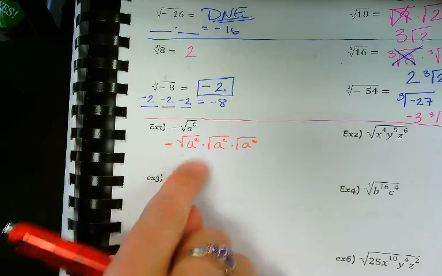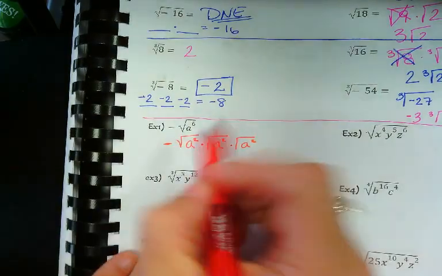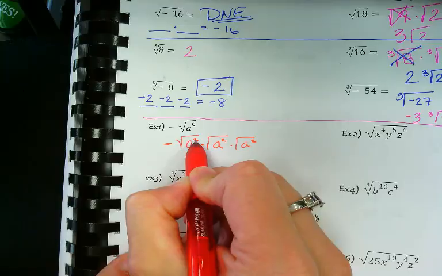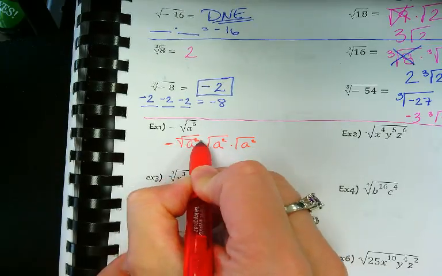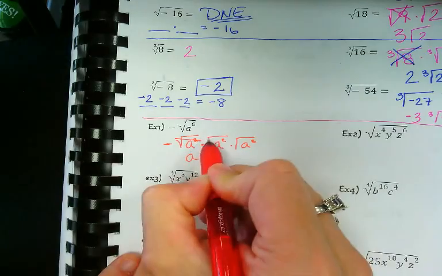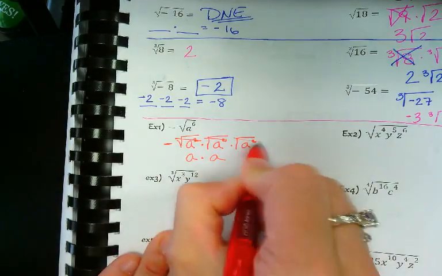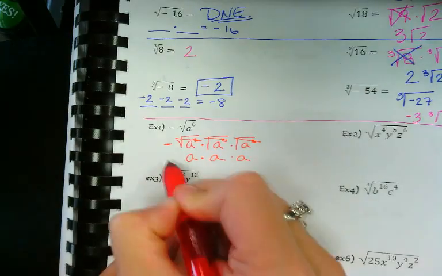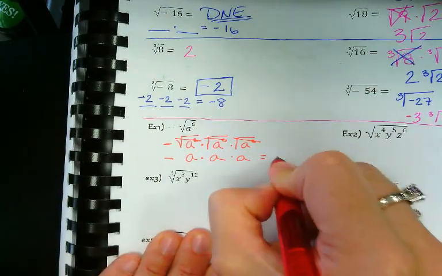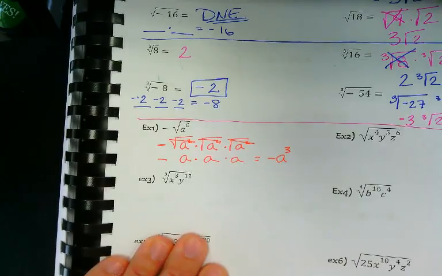So a to the 6, I'm breaking up into perfect squares because this is a square root. Now what happens to my square and my square root? They cancel, and that just becomes a. And I am left with a times a times a, or negative a to the third.